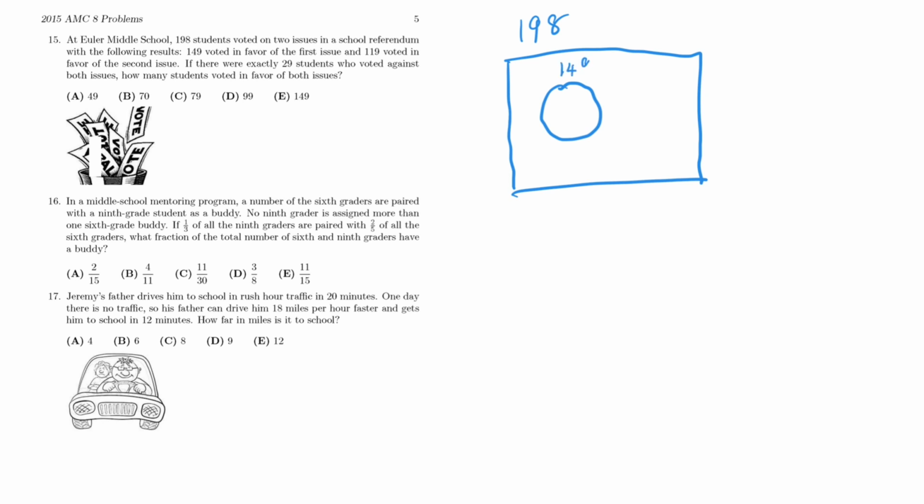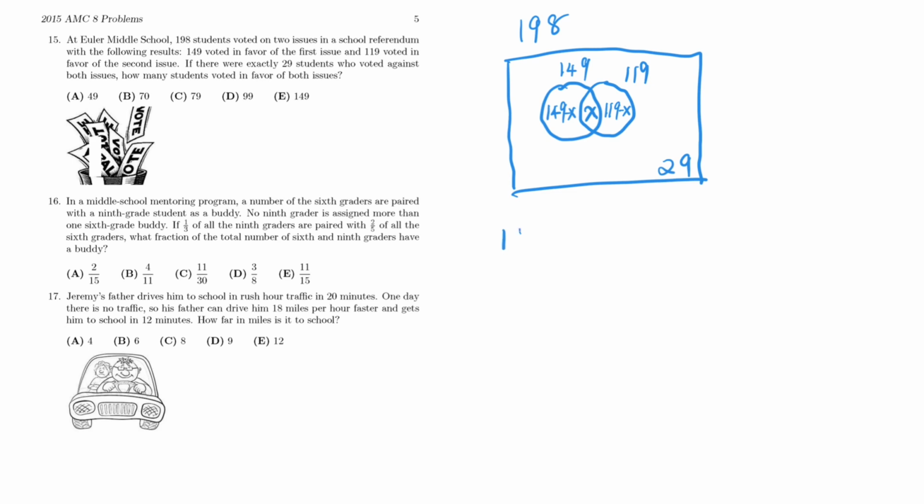149 students voted in favor of the first issue, and 119 voted for the second issue. Voted for both issues is X students. So only in favor of the first issue is 149 minus X. Only in favor of the second issue, that's 119 minus X. And also 29 students against both.